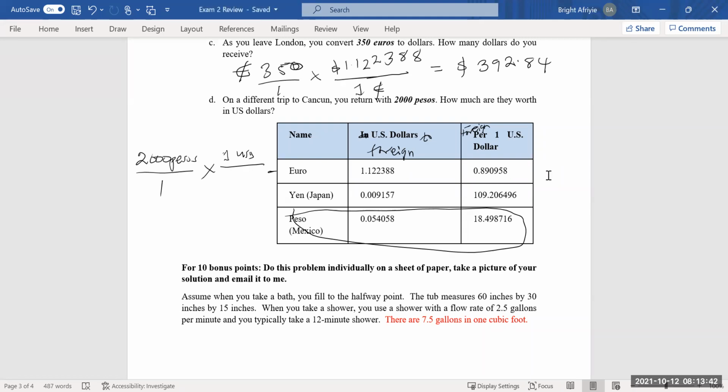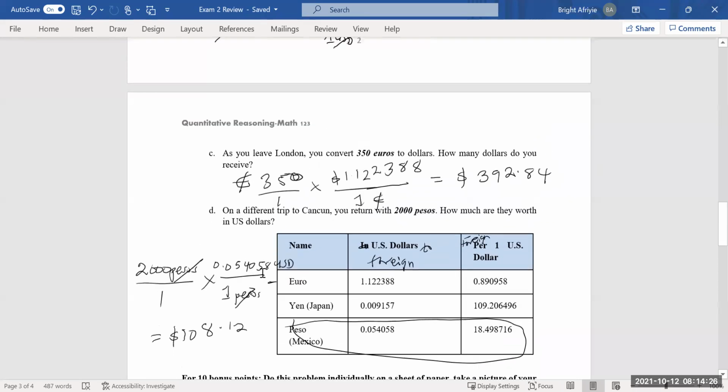Actually, we're supposed to have USD on top, so the pesos should go here. You have one peso up here, and then you have 0.054058 USD right there. So pesos take care of each other, and your answer is $108.12. That's how much you have in dollars.